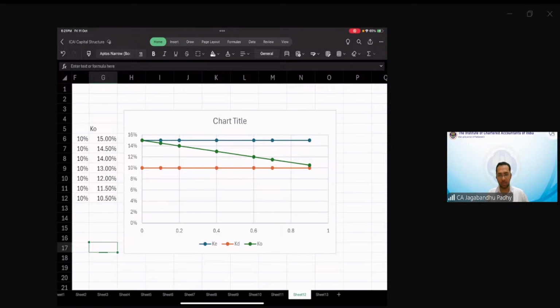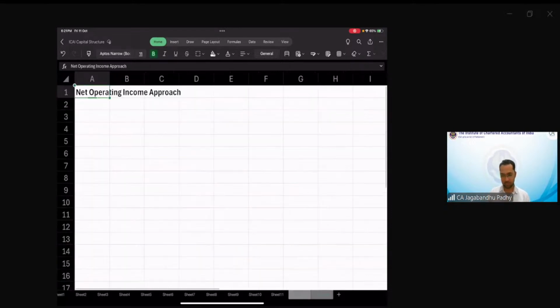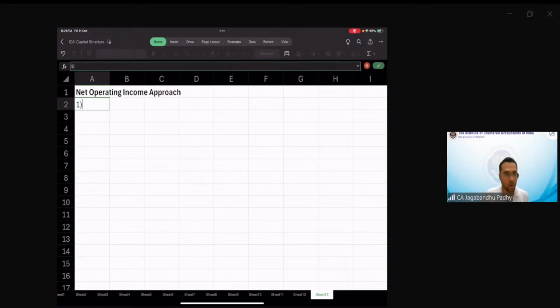So if you're assigning more risk to the equity shareholders, of course, equity shares would be requiring a higher rate of return. So essentially, their cost of equity should be rising, right? And that's an improvement in this model, which is called the net operating income approach. In this, we say that cost of debt is less than cost of equity. Of course, it's a very valid point.